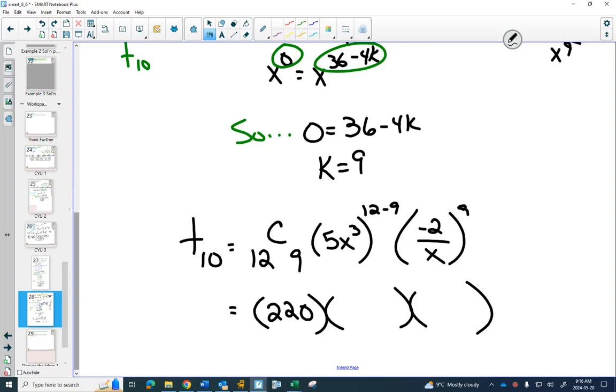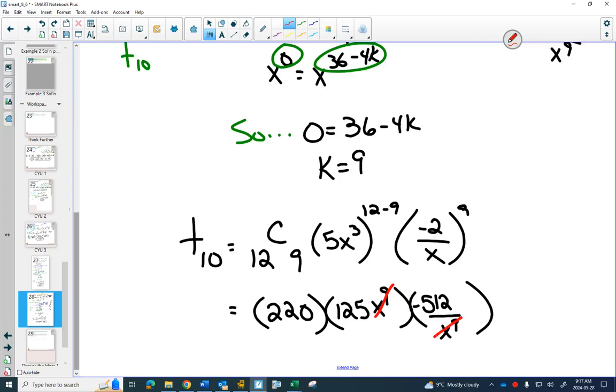5 to the power of 3 is 125. X cubed to the power of 3 is x to the 9. Negative 2 to the power of 9 is negative 512, and we would have an x to the 9 on the bottom.